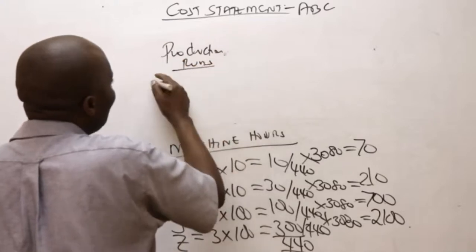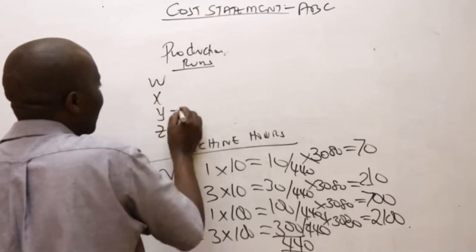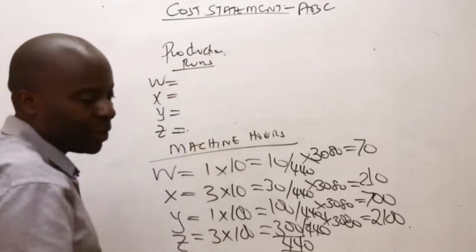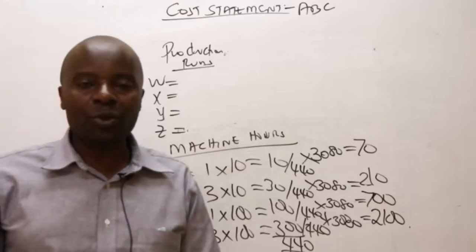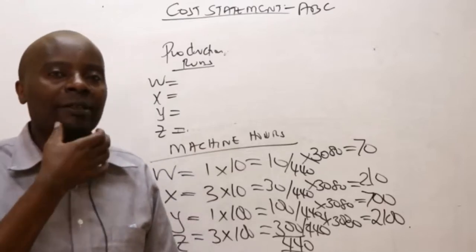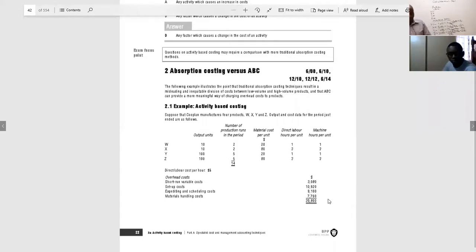Is there anybody who is able to see production runs for W, X, Y, and Z? Somebody just share the screen with us. What do we have there for production runs? What I'm able to see, there must be number of production runs.